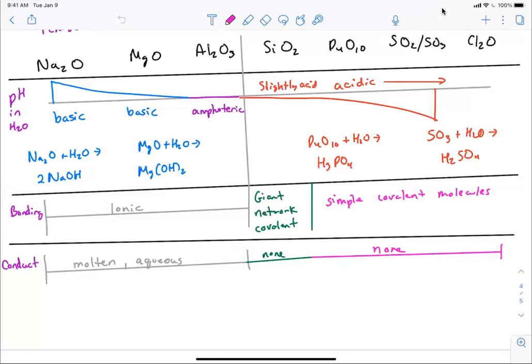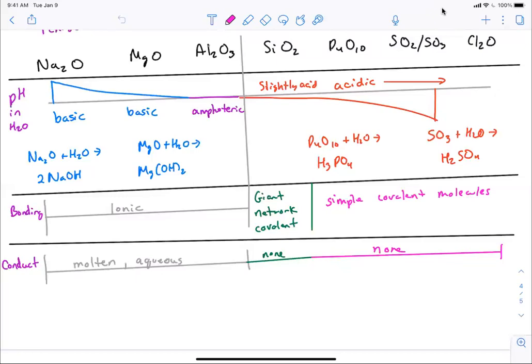Yeah, so this is amphoteric, but it doesn't produce an acidic solution when you bond with the water. So like these two, they don't behave this way in water, whereas these ones do. So Al2O3 is amphoteric, and I chose that word very carefully because amphoteric and amphiprotic are slightly different.